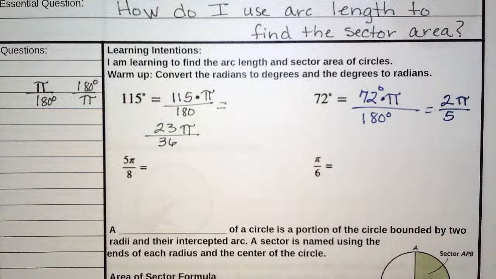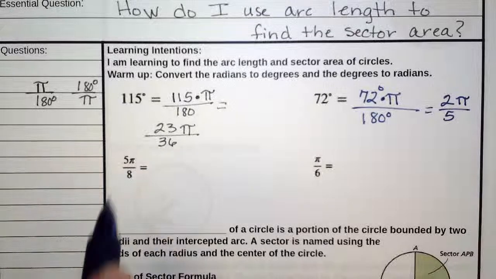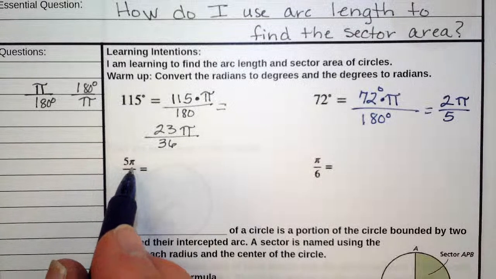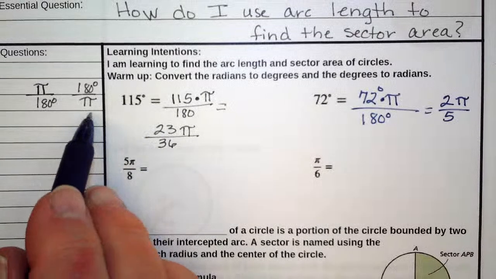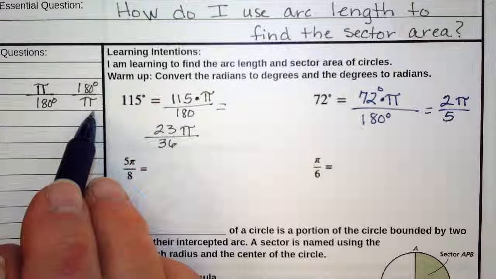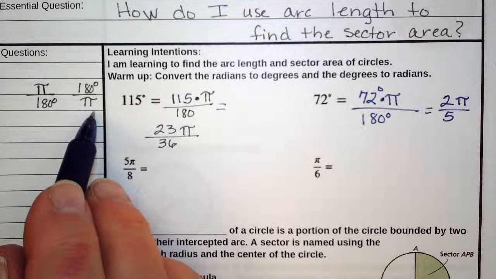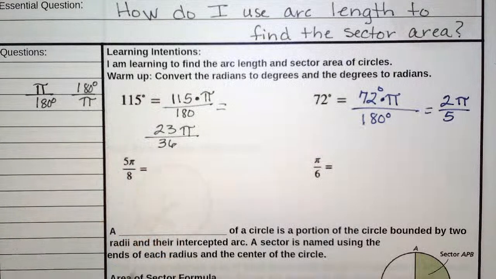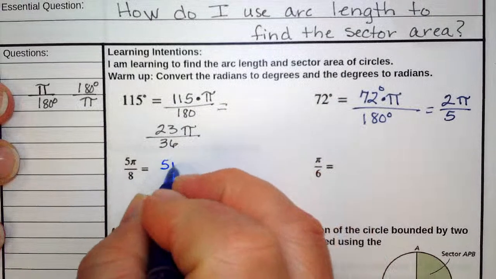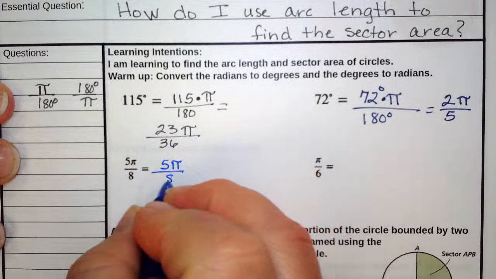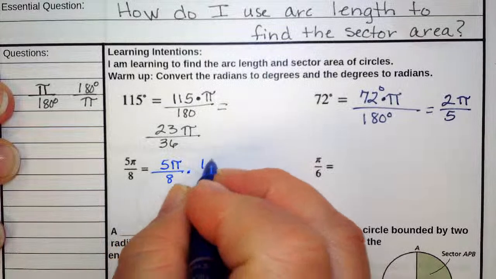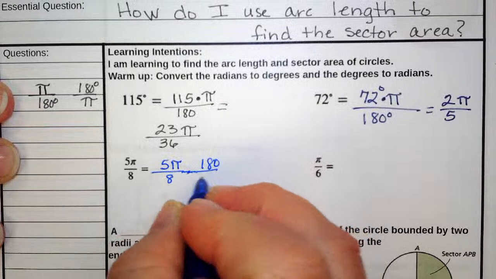Okay, now let's think about the next one. This time we want to eliminate our pi. So we've got to use the 180 over pi to eliminate it. So 5 pi over 8 times 180 over pi.